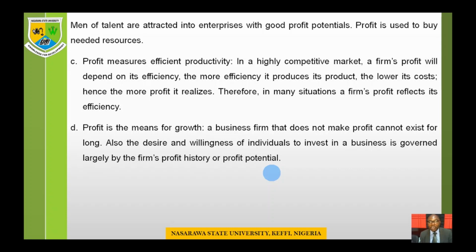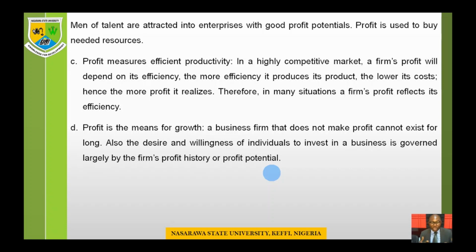So the more efficient a firm produces its product, the lower its cost. Hence, the more profit it realizes. Therefore, in many situations, a firm's profit reflects its efficiency.